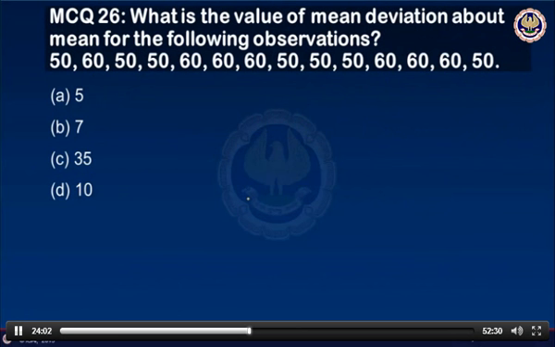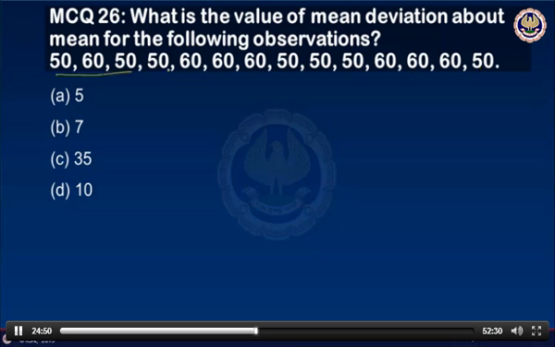What is the value of the mean deviation about mean for the following observations? 50, 60, 50, 50, 60, 60, 60, 50, 50, 50, 60, 60, 60, 50. If we look at the data, to find the mean deviation about mean, first we have to compute the mean.